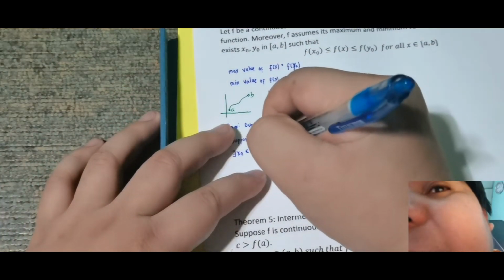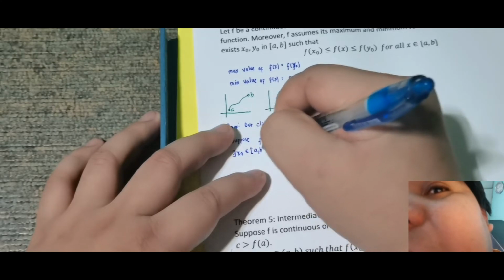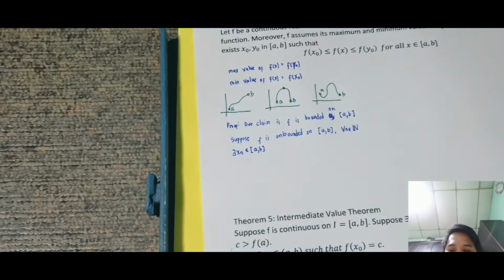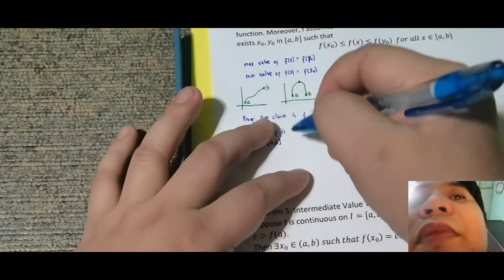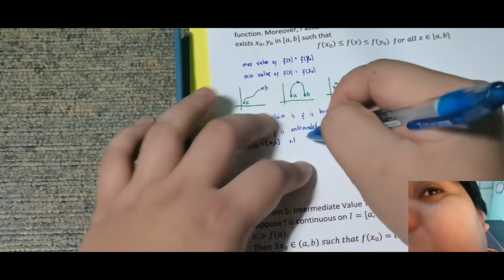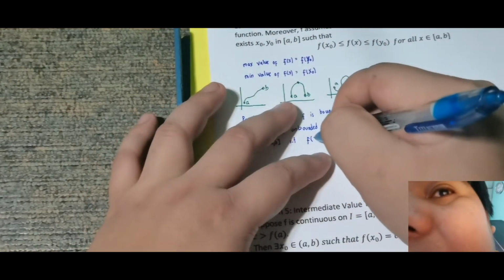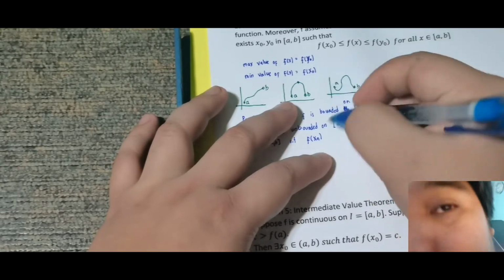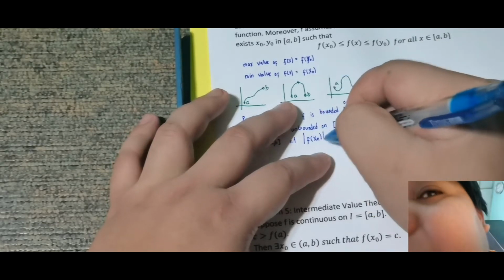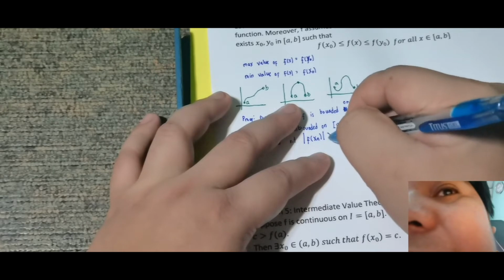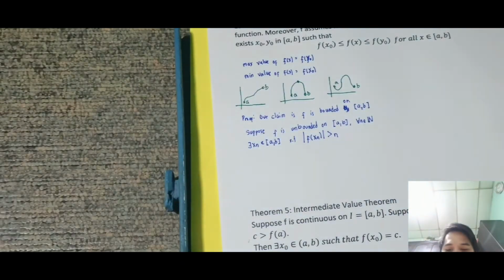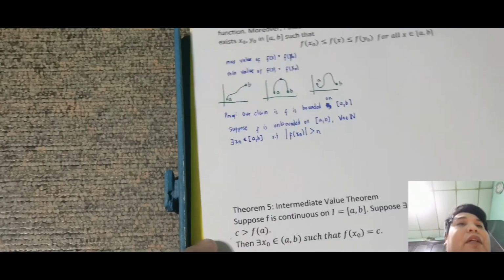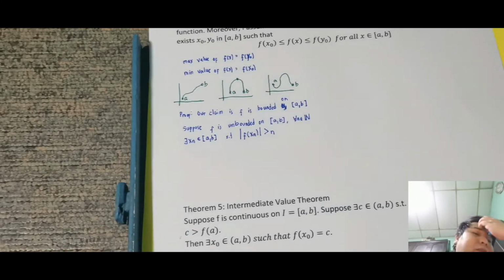So, meaning merong sequence dun sa ating interval, such that yung absolute value ng f of x sub n is greater than or equal sa n.